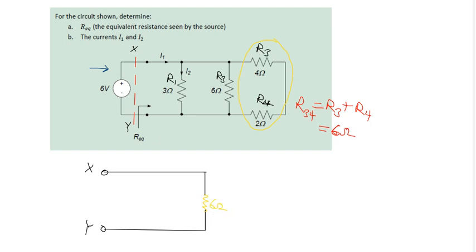We are now left with these other ones. This is R3, and then we also have R1 here.